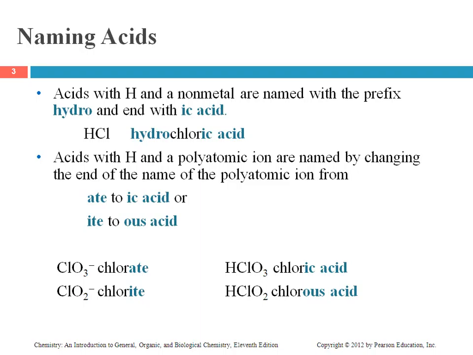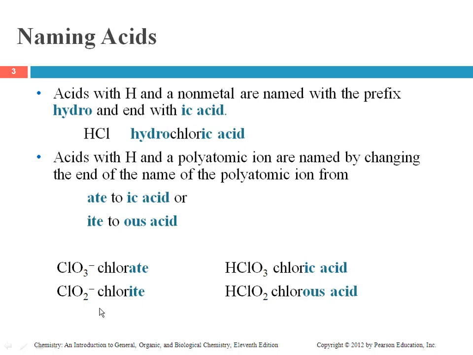Okay? And if you have a polyatomic ion that ends in ITE, then you change this to OUS acid at the end. So if we look at our examples here, this is our chlorate polyatomic ion, and so we would change it to chloric acid. When we add the hydrogen here, we get chloric acid.